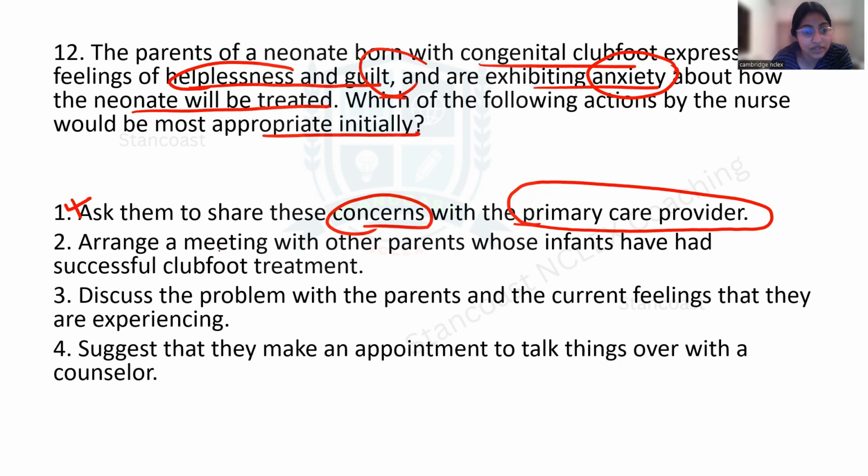So option number 1 is not the appropriate action that should be done by the nurse. Option 2 says arrange a meeting with other parents whose infants have had successful clubfoot treatment. Now this is a big thing that can be done for these parents, and it is very important so that they have a role model. But this is not the initial thing that should be performed for these parents.